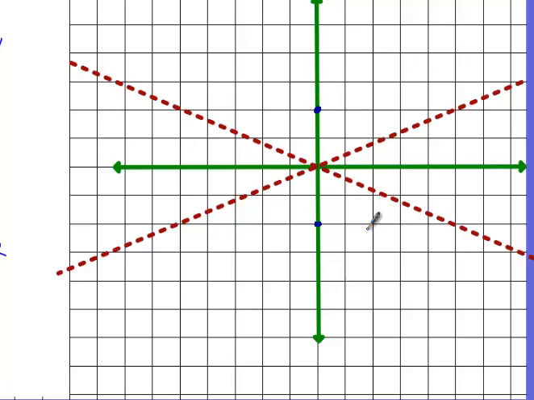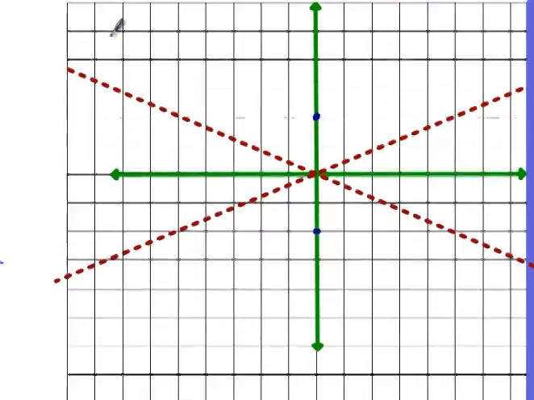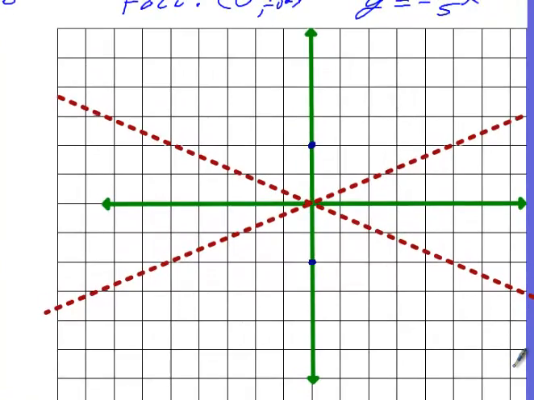So I'm going to have one branch up here and one branch down here. Everybody good with that? All right, so where are my foci? What was it? 5.38. So again, label everything. Focus. Vertex.